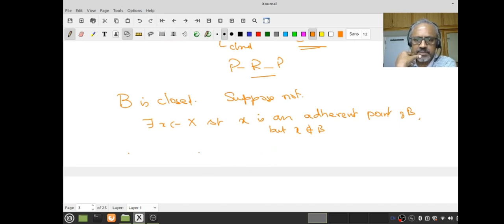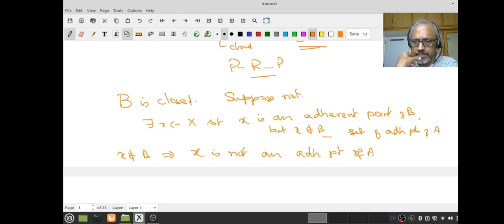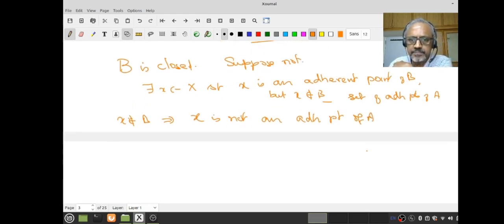B is the set of adherent points of A. Therefore x not in B is the same as saying x is not an adherent point of A. Do you follow that?